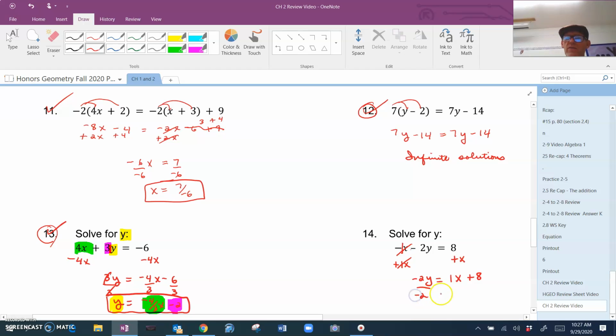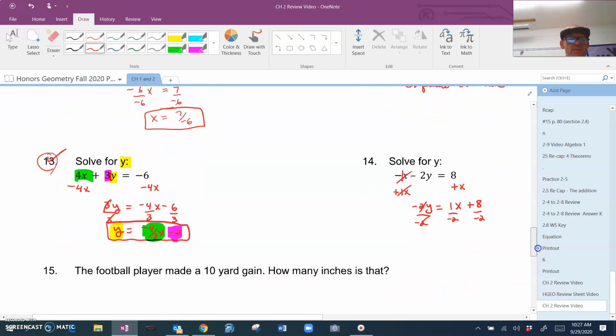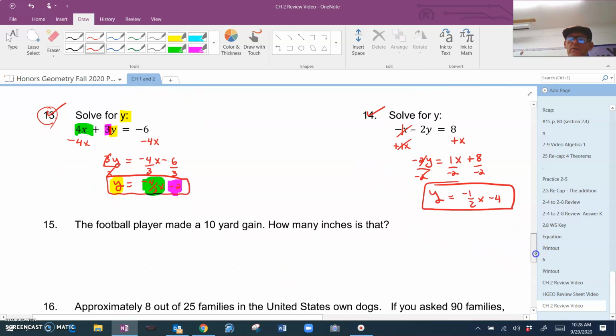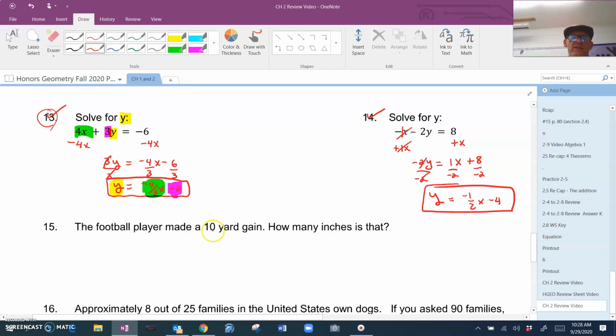If I divide by -2, divide by -2, and divide by -2, the -2's cancel over there. And y is equal to -1/2 x minus 4. 14, done.